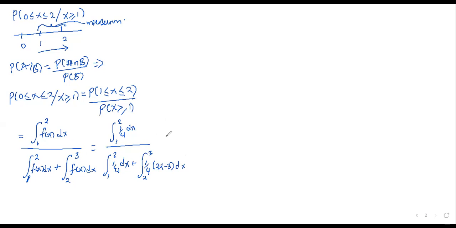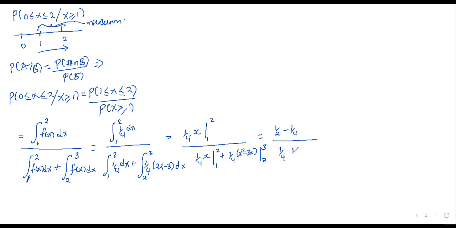And when you substitute, you'll get a quarter x from 1 to 2 divided by a quarter x from 1 to 2 plus a quarter of x squared minus 3x from 2 to 3. This will give me a half minus a quarter, divided by a quarter plus, we saw that when you put 3 you get 0.